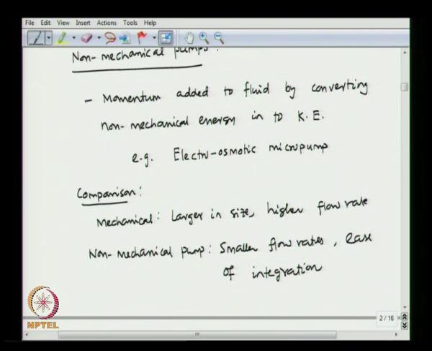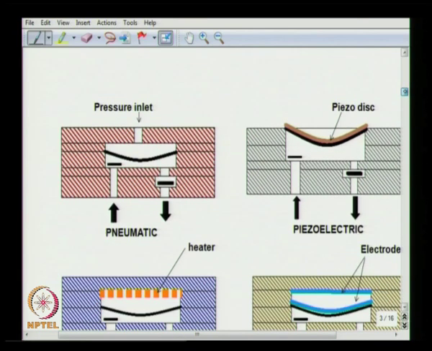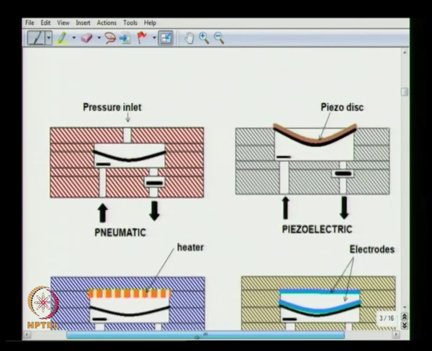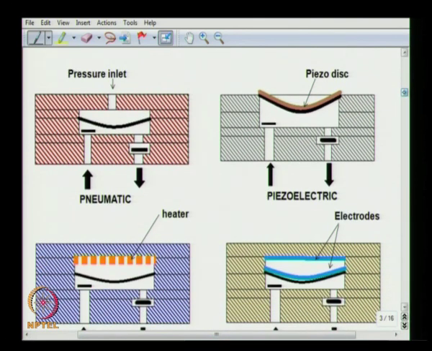Now, let us look at what are the mechanical pumps and what are the non-mechanical pumps. So, here you see a pneumatic micropump. Okay. So, pneumatic micropump is a displacement type mechanical micropump. Okay.